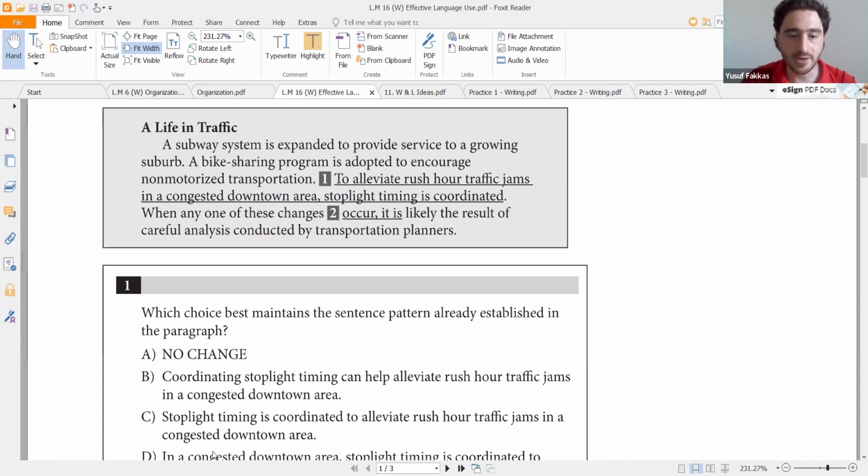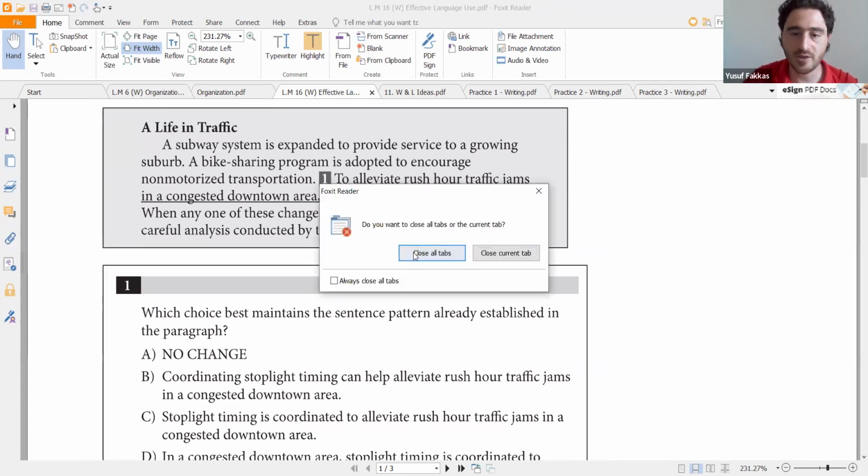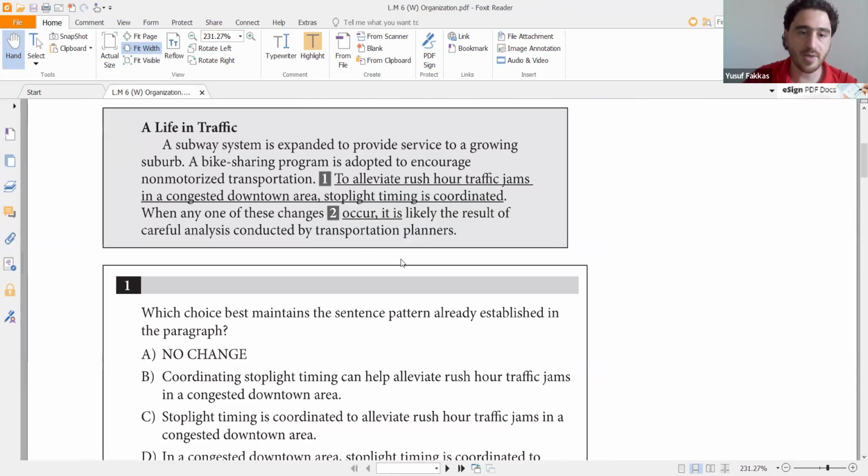I shared with you earlier a chapter from the book published by College Board, talking about all different categories of writing. So what are the chapters that we finished?